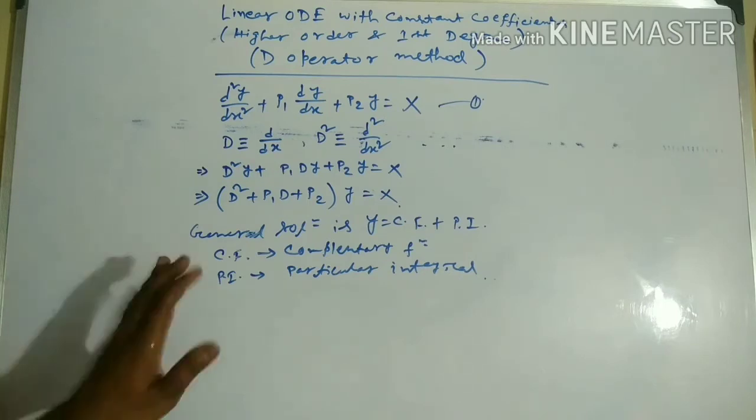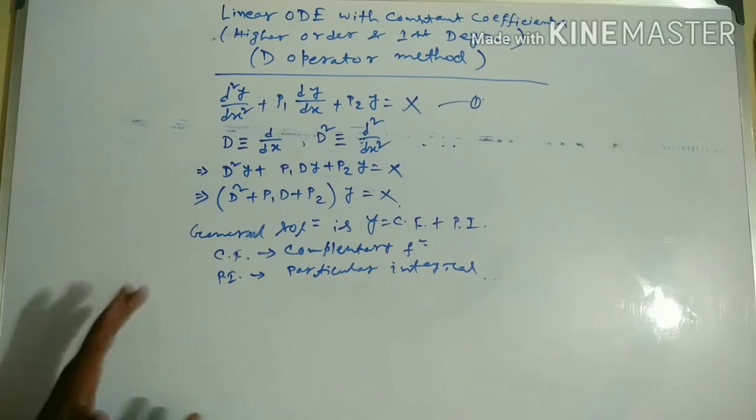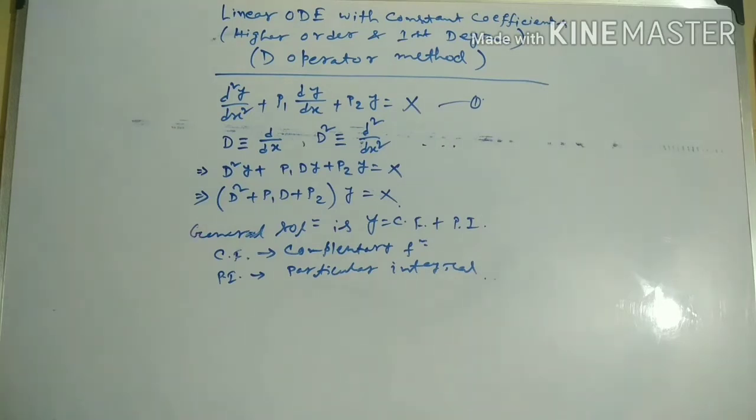For solving this type of equation, first we have to find CF and then we will find PI. So CF is obtained from the left hand side and PI is obtained from the right hand side.